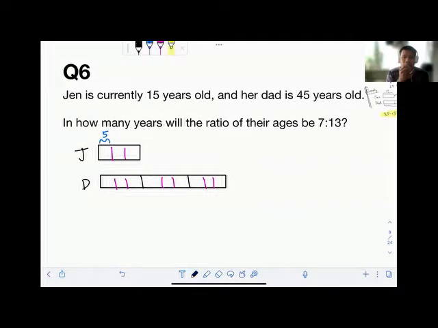I'll be needing additional 4 boxes for Jen to make it 7. 1, 2, 3, 4. And another 4 for the dad. Okay, so if we count the number of boxes, there will be 7 for Jen and 13 for his dad.